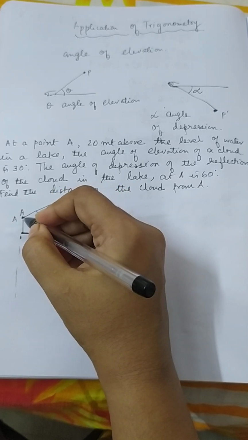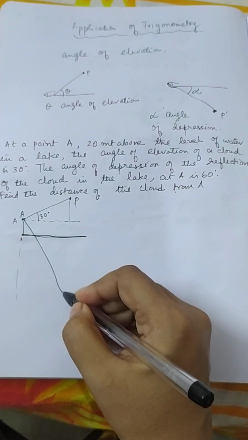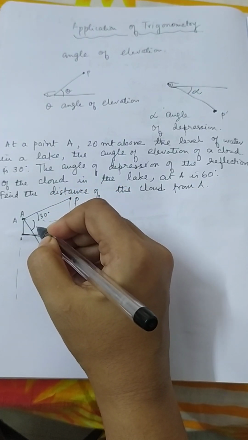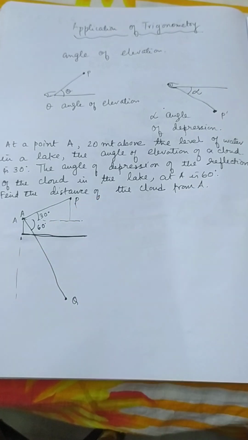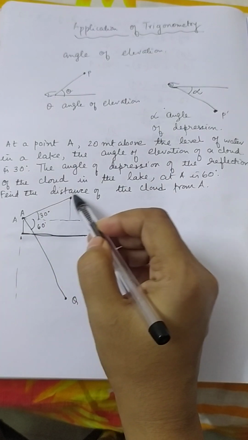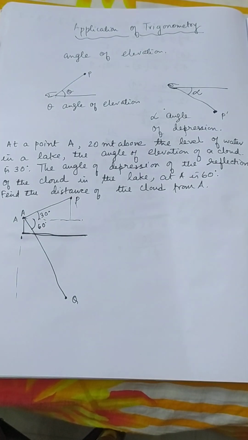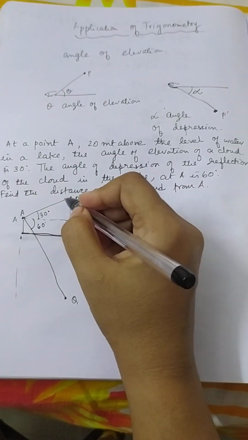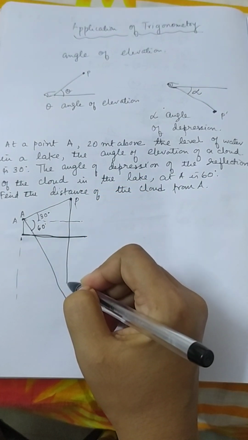So the angle of depression will be somewhat like this. So it is 60 degrees. We have to find out the distance of the cloud from A. That means we have to find the distance AP, right? So for this, let us join PQ.